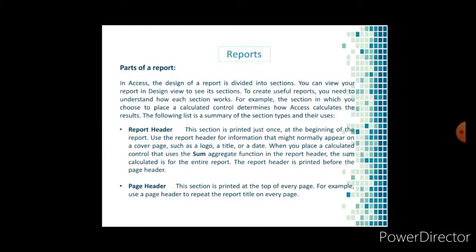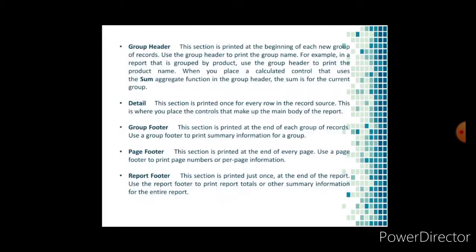Another one is the page header. This section is printed at the top of every page. For example, use a page header to repeat the report title on every page. Next one is the group header. This section is printed at the beginning of each new group of records.